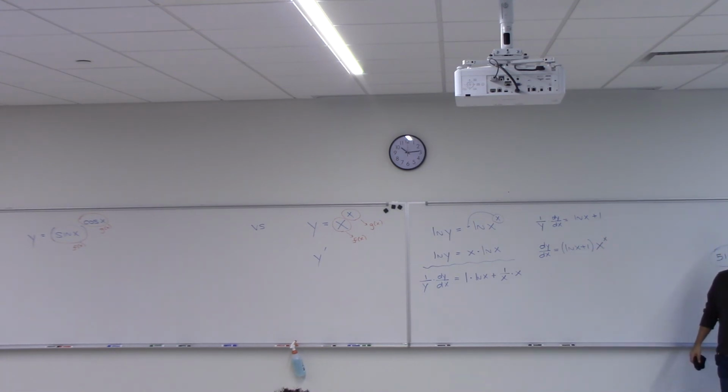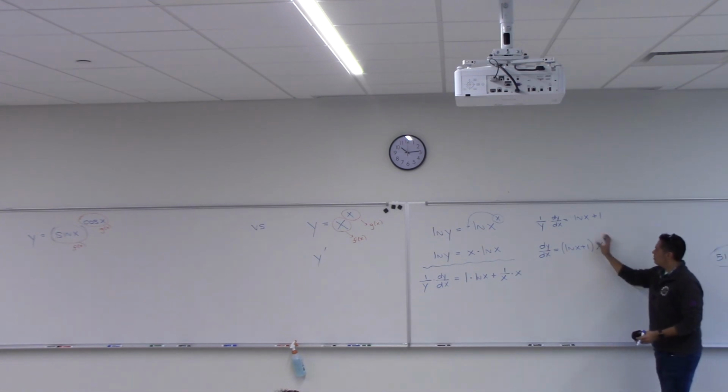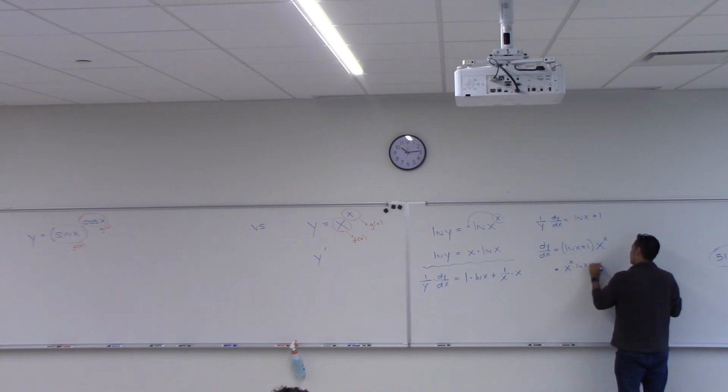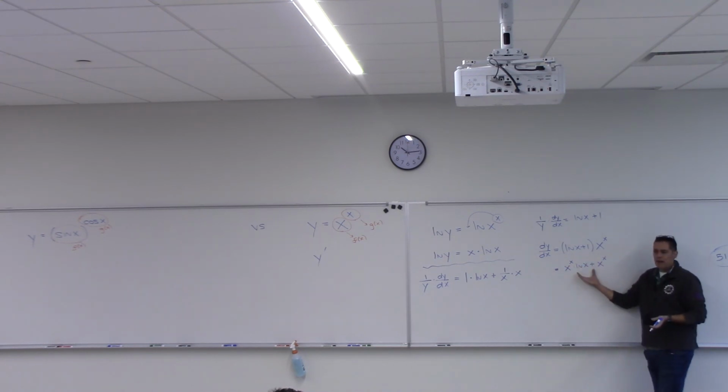That's your derivative. You could distribute that through, couldn't you? I'll leave it, that's fine as an answer. I just want to show you, you could rewrite this as x to the x times natural log x plus x to the x. That's just another way it could look.